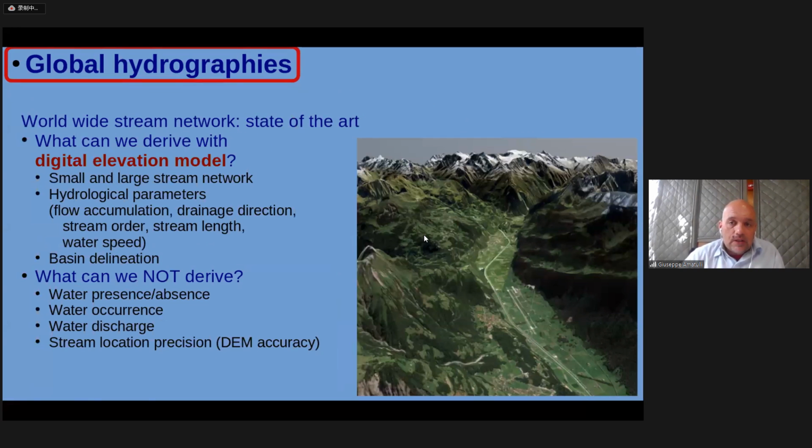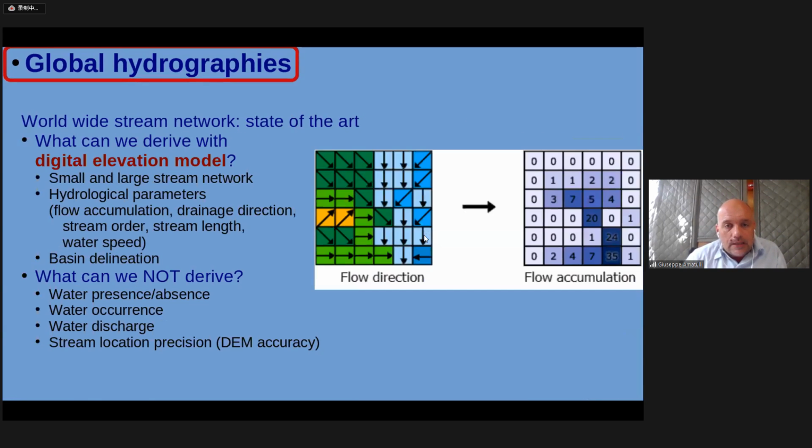So in this context, the digital elevation model can really help us in understanding the flow direction and calculate the flow accumulation, the amount of water upstream in different scenarios, and different other kinds of hydrological parameters like drainage direction, stream order, stream length, water speed, and so on.